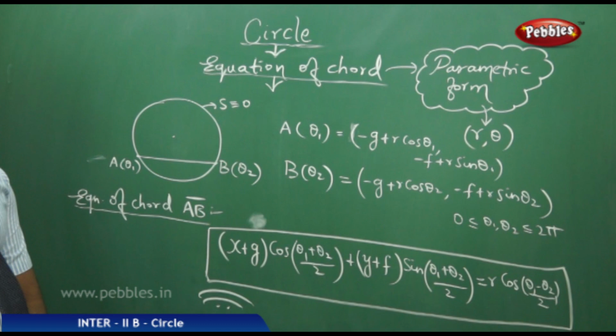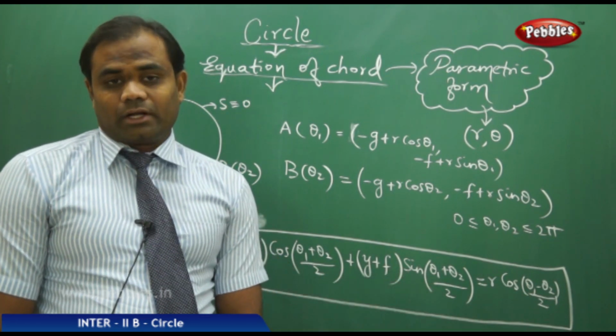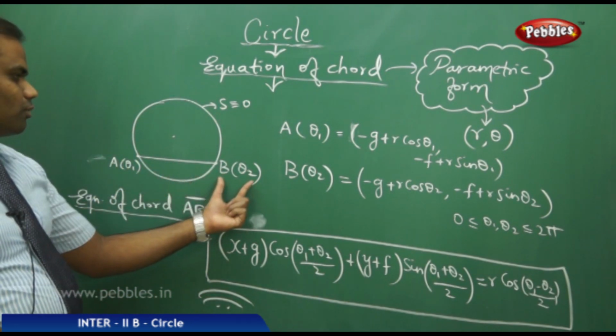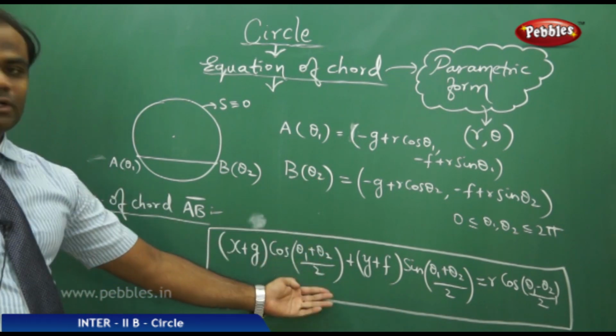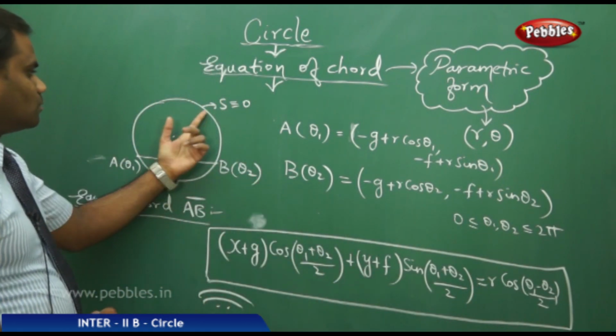This is how we understand the equation of chord given by this formula, where the 2 endpoints of the chord are considered in parametric form as θ1 and θ2. So the equation of chord is this in parametric form for the circle S equal to 0.